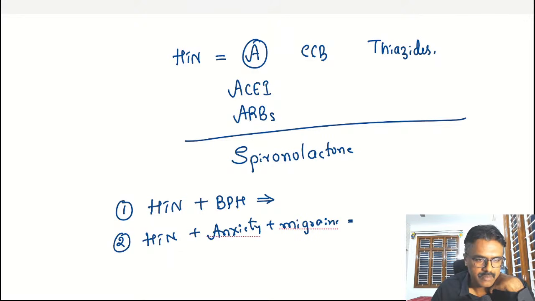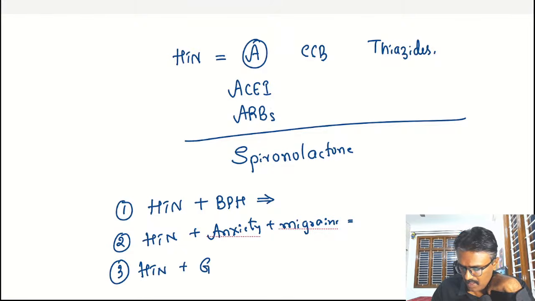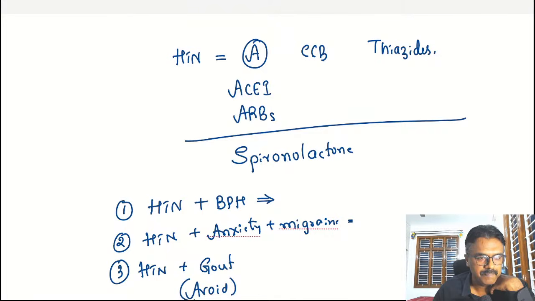Tell me 1 and 2. Third also I will give, the patient has hypertension plus gout. Tell me what will you avoid in the third case? Which antihypertensive will you avoid? So we got 3 cases. Case 1, I will give prazosin. The reason is simple. Prazosin can manage both.